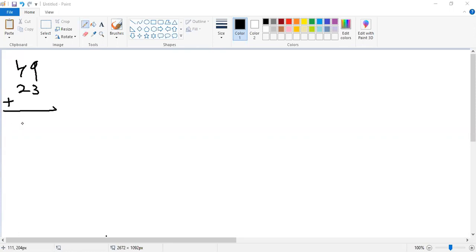It will be 7, no? Okay, see, this we are doing in binary. What we are doing, we are doing in the binary system.